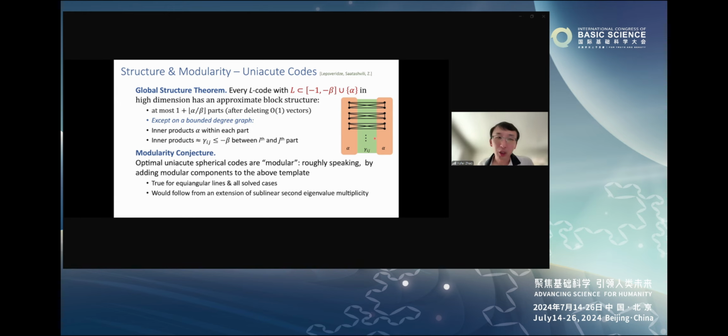So we do formulate a conjecture that we call the modularity conjecture, which roughly speaking says that the optimal way to get a code is by adding these modular pieces on top of this template. That's rather intentionally vague, but there are some actual statements in our paper that we were not able to resolve.